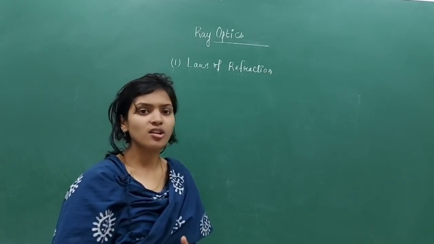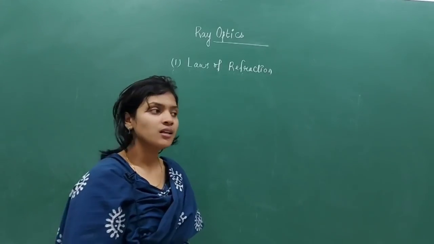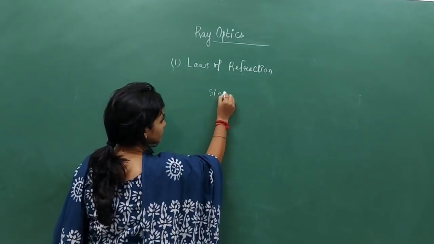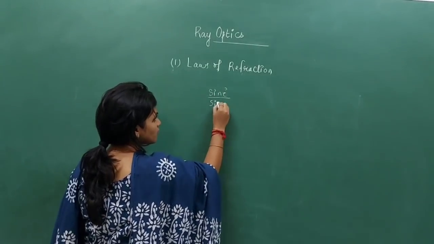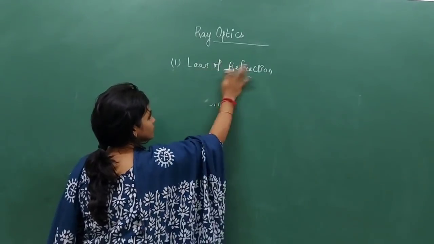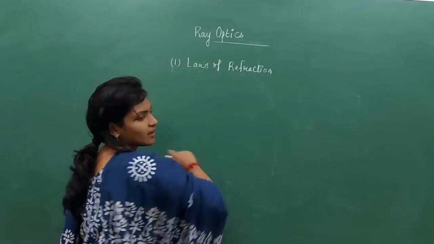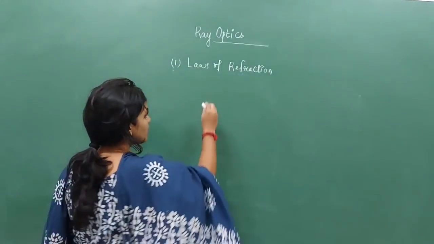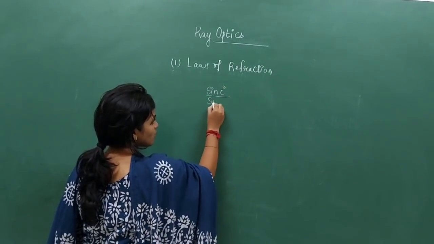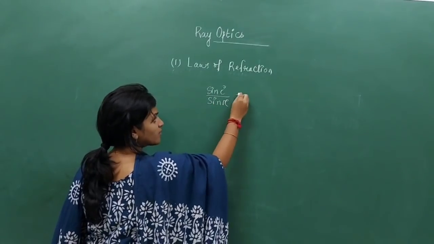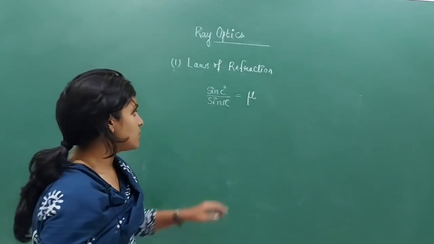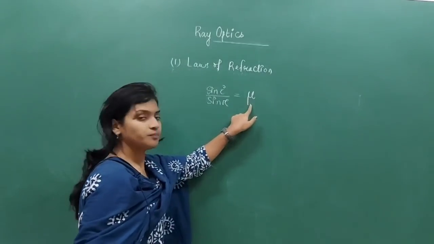According to Snell's law, the ratio of the sine of the angle of incidence to the sine of the angle of refraction is a constant, and that constant is known as the refractive index of a medium.